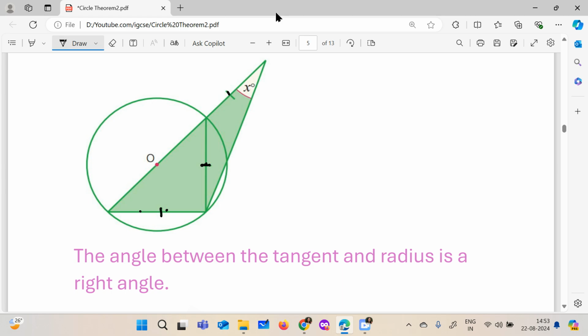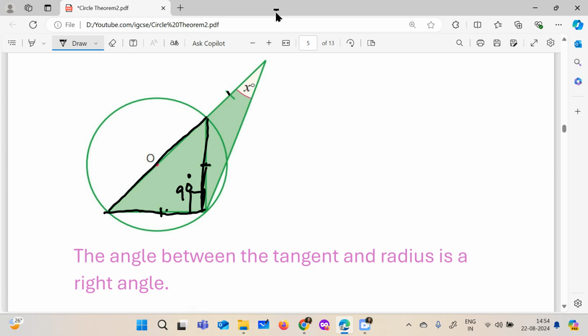Now the most important thing to observe is that we have a diameter, which means we have an angle formed in the semicircle. As soon as we see that an angle is formed in the semicircle, we mark this as 90 degrees. I hope you remember this, right?